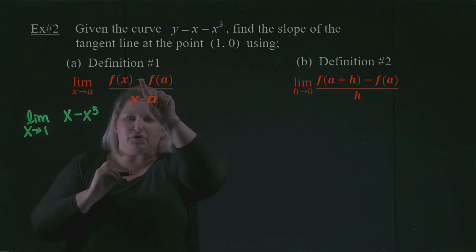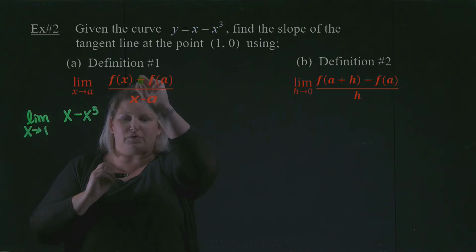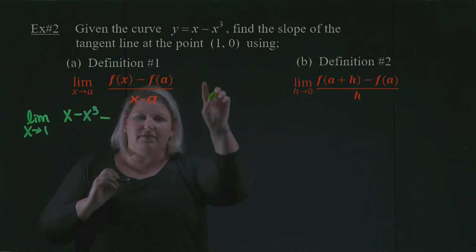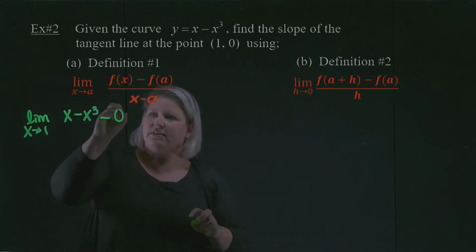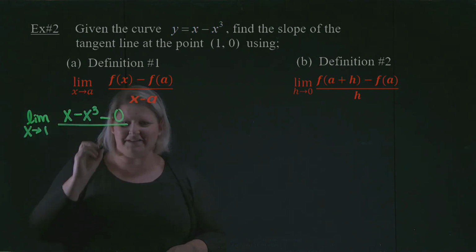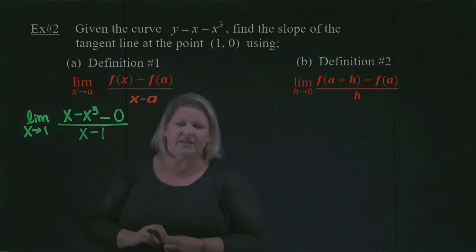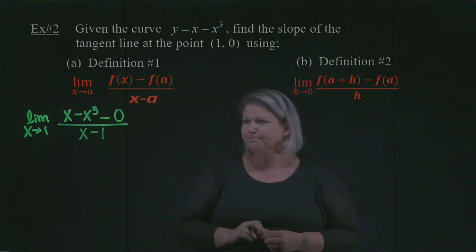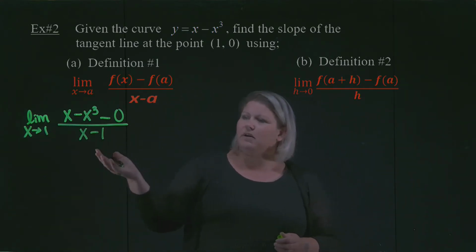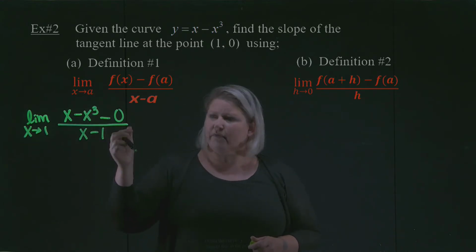And then I'm going to subtract from f of x the y coordinate, which in this case is 0. Nice. Makes it a little bit easier on us. And then I'm going to fill that in for the denominator of x minus 1. If I plug 1 in, I notice I get 0 over 0.